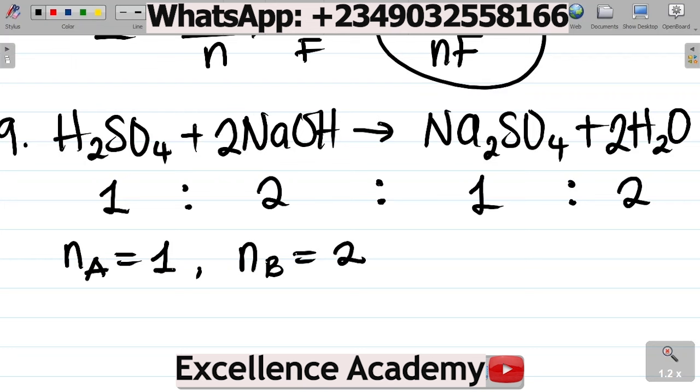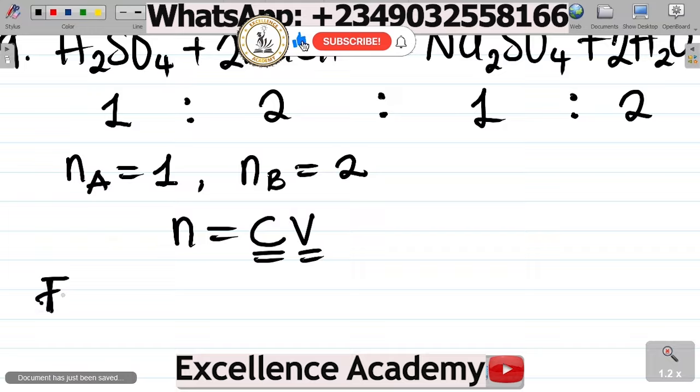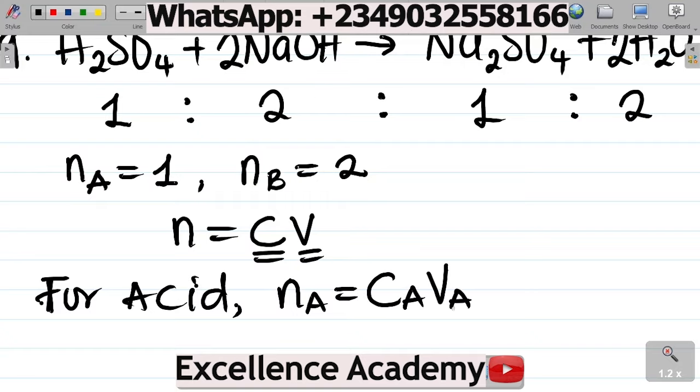Again, recall that the number of moles N is equal to C times V, where C is concentration or molarity and V is volume. For acid, N of acid is equal to C of acid times V of acid.